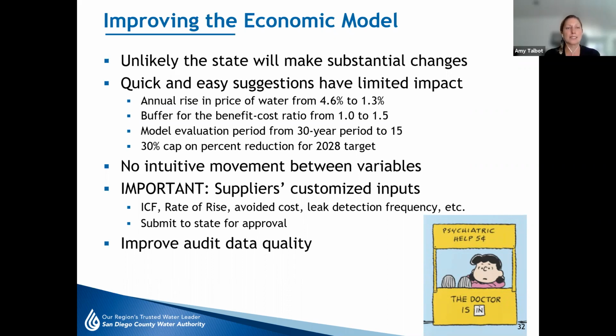That's the infrastructure condition factor, the rate of rise of leakage, avoided cost, leak detection frequency, and a couple more, but those are the 4 that we know to hone in on and to start with. And then you can customize those, package it together, and then submit it to State Water Board staff for approval. And the last thing to do to improve the economic model is to improve your audit data quality.